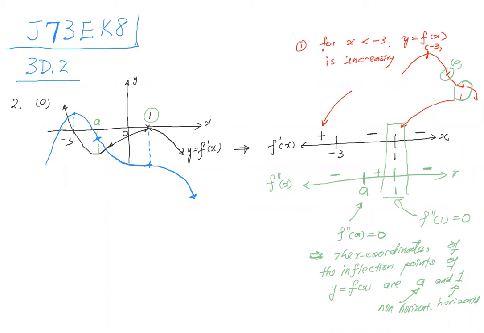So we have to be very careful when we draw a horizontal inflection point. Make sure over here you exaggerate a bit to show that it is horizontal. This point is called a horizontal inflection point.